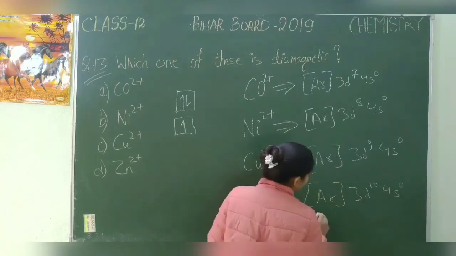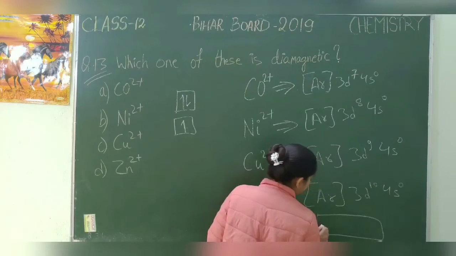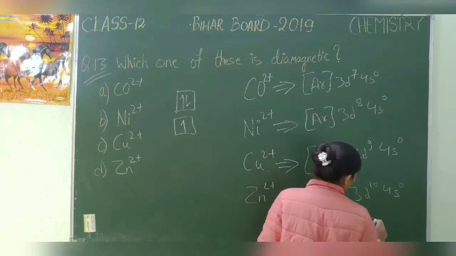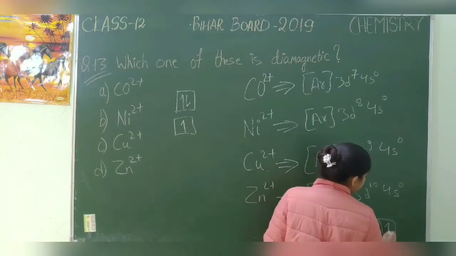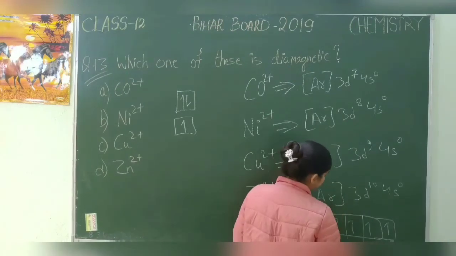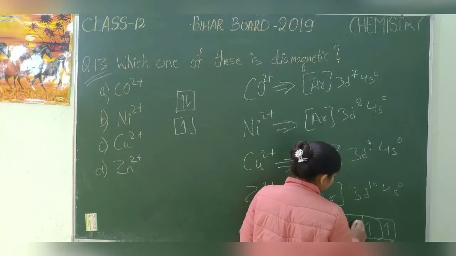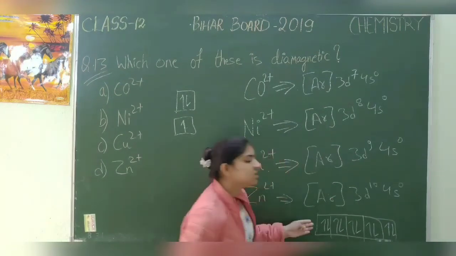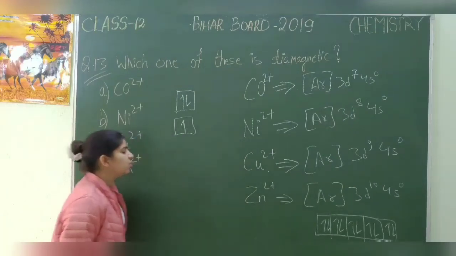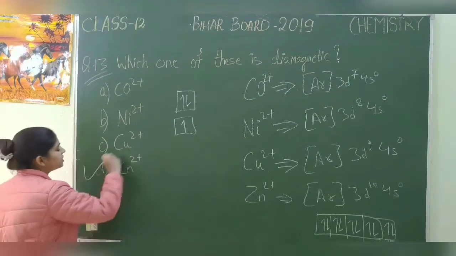So in Zn2+ there are 10 electrons present in the d orbital. So this is diamagnetic. So we can say that Zn2+ is our answer.